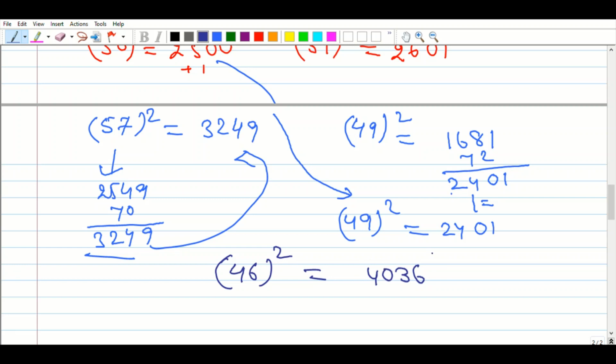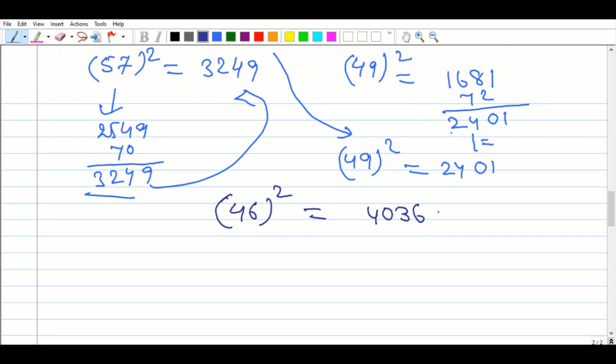Let's check from the other method. So 6 6 ja 36, okay. 4 4 ja 16, okay. 4 6 ja 24, 2 ja 48, 6 11 0 2. It is an answer. You see here. Yes, sir.